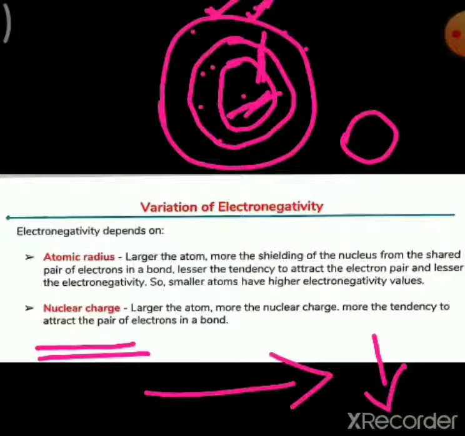And down a group, your atomic size increases because the number of shells increases. So like that, in electronegativity, if the atom is larger, then your nuclear charge will be more. That means there will be the tendency to attract the pair of electrons in a bond.